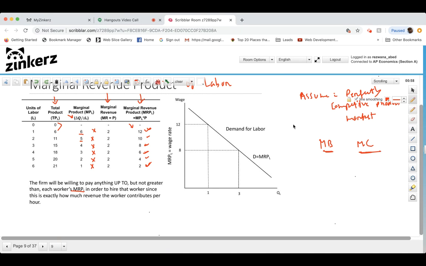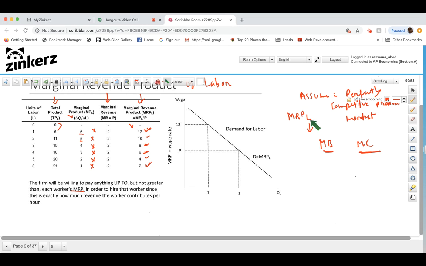The marginal revenue product of labor is synonymous with the marginal benefit. So the value of each additional worker to the farm is this MRPL, and they're going to compare that to the marginal cost, the additional cost of hiring each additional worker.